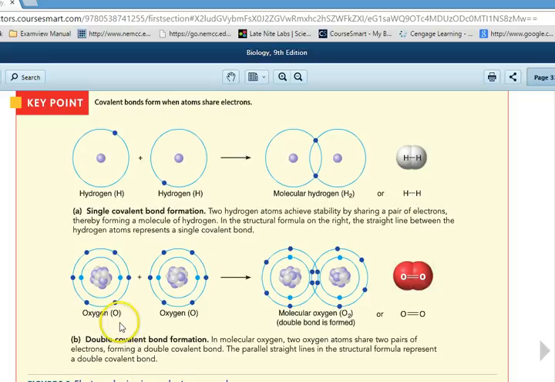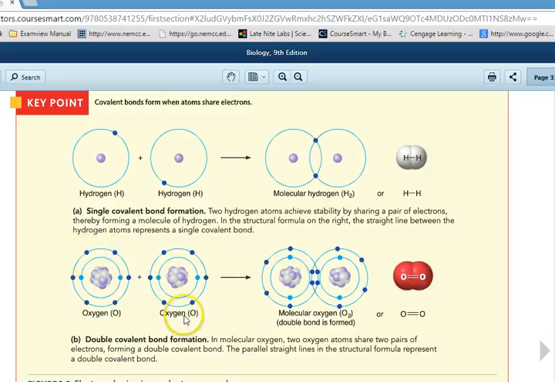Let's go down here and look at oxygen. So oxygen has an atomic number of 8, which means it has 8 protons. If it's electrically neutral, it has 8 electrons. 2 of those electrons will fit in the first shell. That leaves 6 electrons in the outer shell. It does not have a filled outer shell.